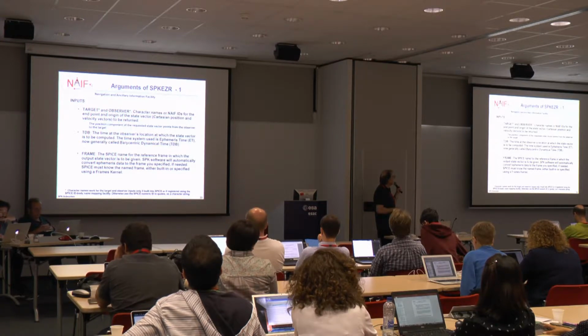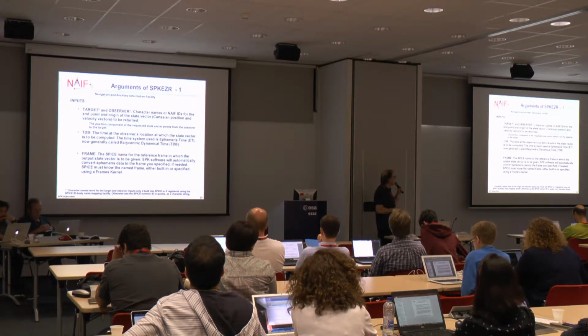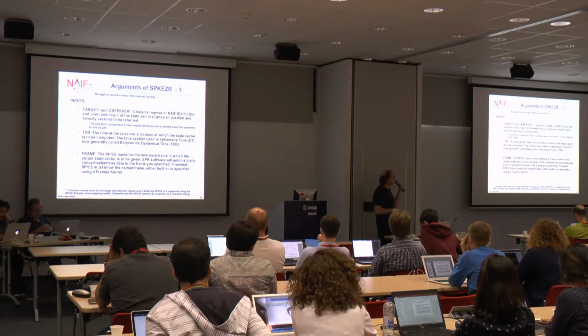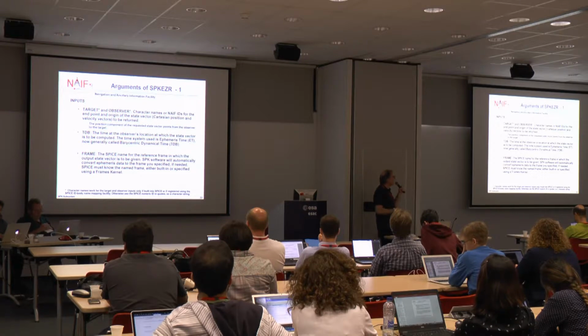TDB is the time at which the state vector is to be computed, at the observer's location. The time system is ephemeris time, barycentric, equivalently barycentric dynamical time, and this time is not necessarily the time of participation of the target. If aberration corrections are not used, the two times are the same.